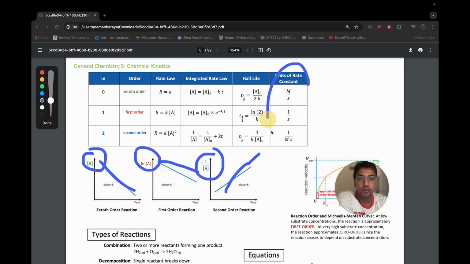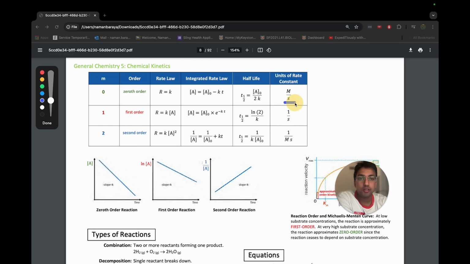And then finally you have the units of the rate constant. This should make sense to you if you just kind of plug it in for k. So the rate is moles over seconds, which makes sense. And then for here, you have rate equals k times something. So this already has the unit molar, right?